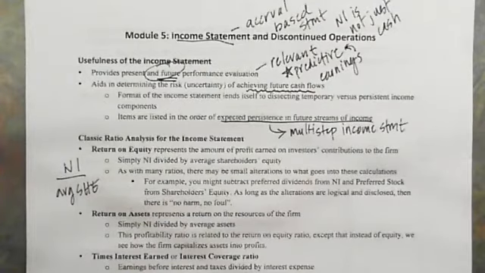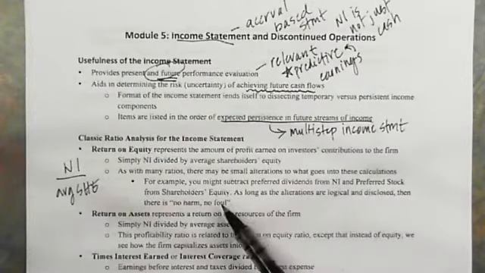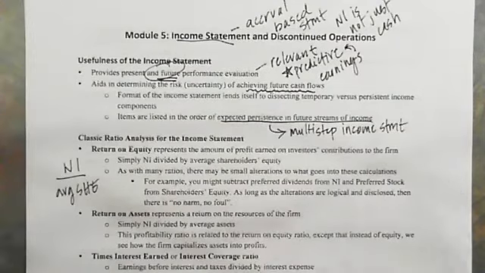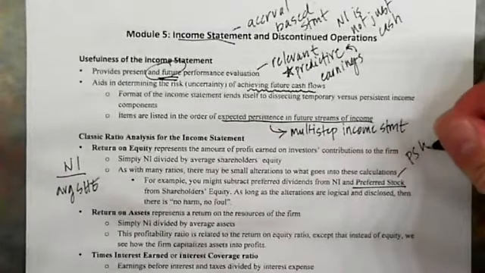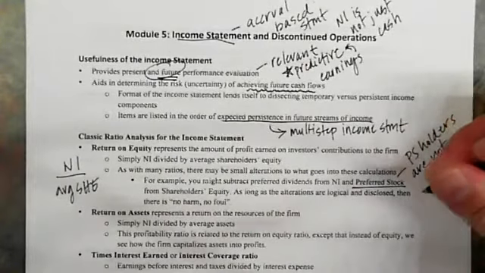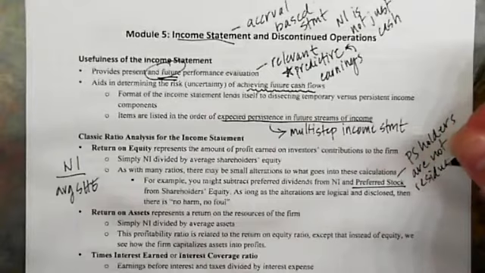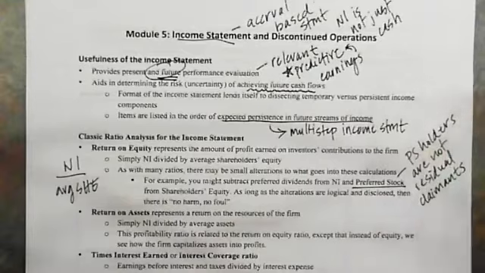For example, you could back out preferred dividends from net income and preferred stock from shareholders' equity, because preferred stockholders are not residual claimants. That is, they get paid before common stockholders.